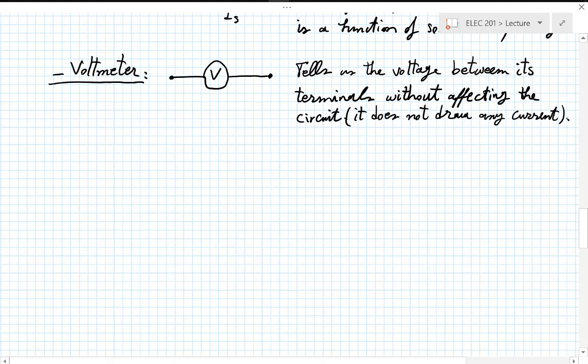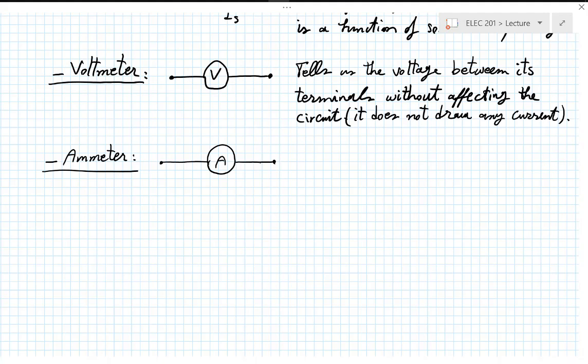An ammeter does a similar job for current. It tells us the current that's passing through it without affecting the rest of the circuit.